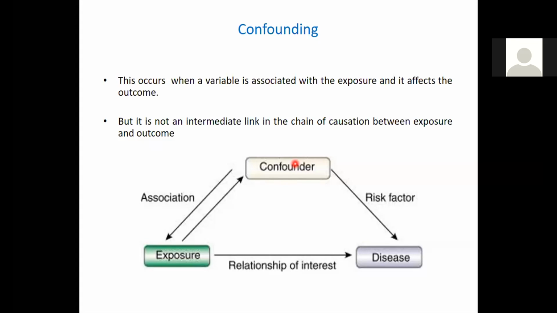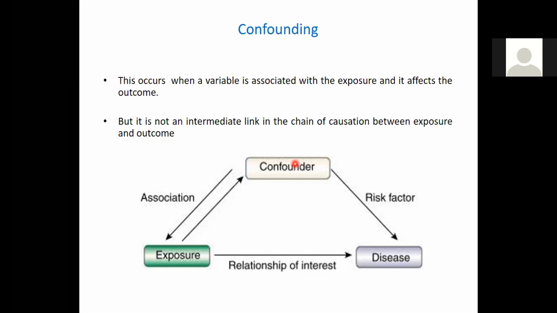The same thing: if you compare people who smoke or take tobacco with people who don't, and look at the probability of taking alcohol or drinking, the people who take tobacco are more likely to drink, so the probability will be higher.